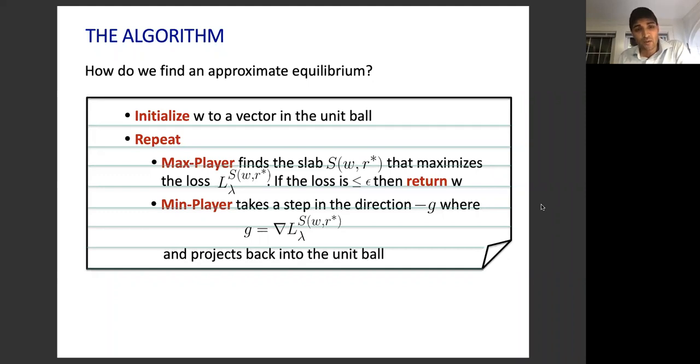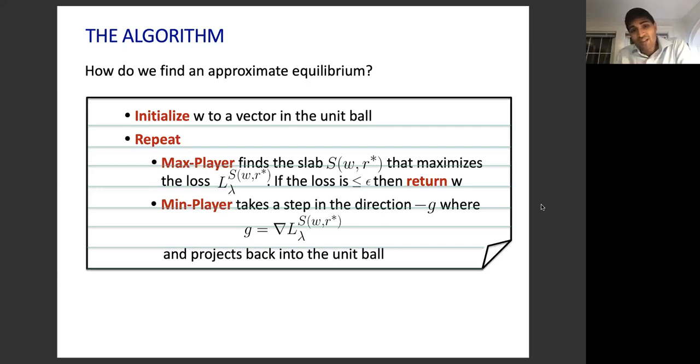So how does this algorithm work? We initialize some initial hypothesis W. It can be any vector in the unit ball. And then the max player is going to best respond. So given the current hypothesis W, the max player chooses a threshold R star that maximizes the Leaky Relu loss restricted to the slab.